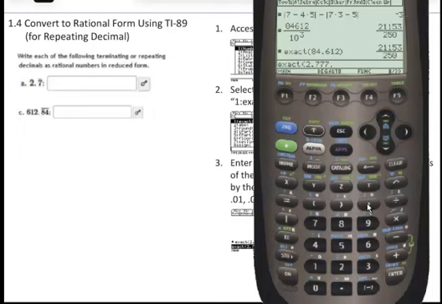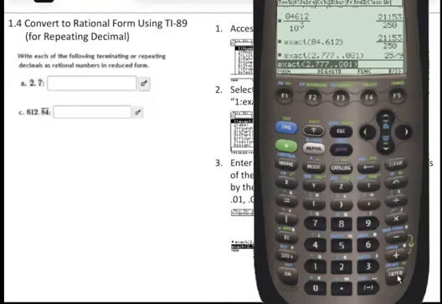Then you type the place value of the last digit that you typed in here. This last digit was 0.001. When I place that in there and close it off, it writes this in its rational form, which in this case is 25 over 9.